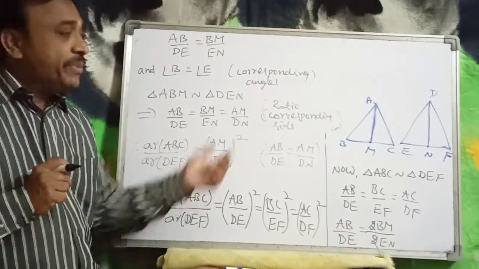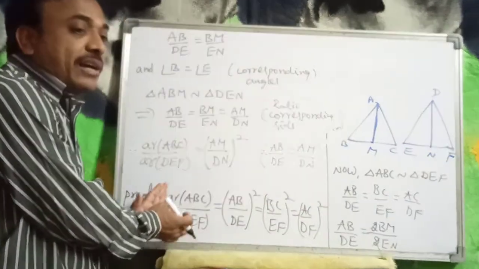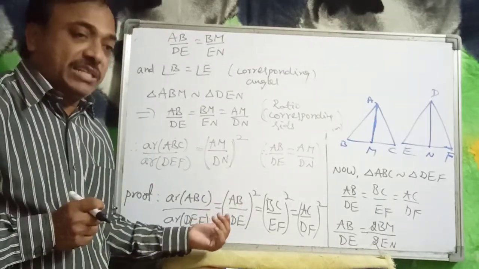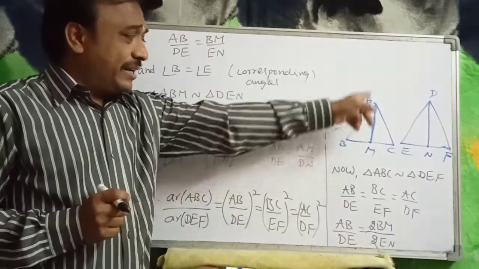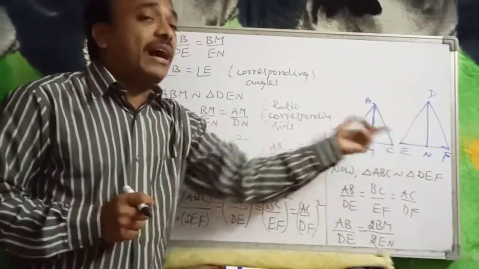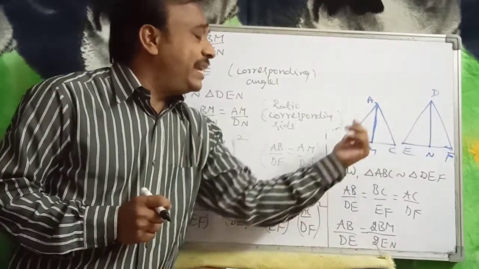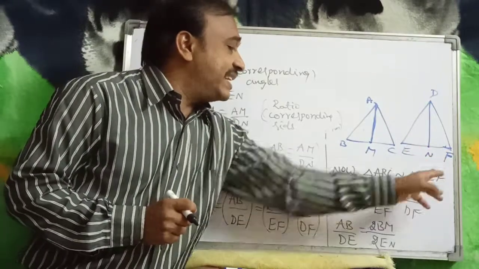I hope you understood. We are taking the medians first. As we know, the ratio of areas of two similar triangles is equal to the square of the ratio of their corresponding sides. Then from that we obtain that triangle ABM and triangle DEN are similar, by taking BC equal to twice BM and EF equal to twice EN.